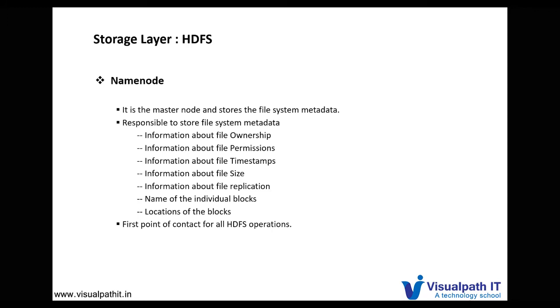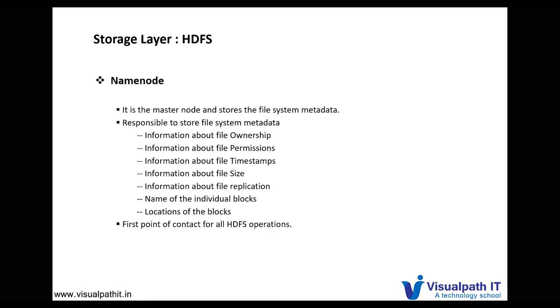Similarly, replication and name: if it is divided into multiple blocks, what are the block names? And if each block is stored in different data nodes, what are the locations? Location means which data node those blocks are stored on, right?